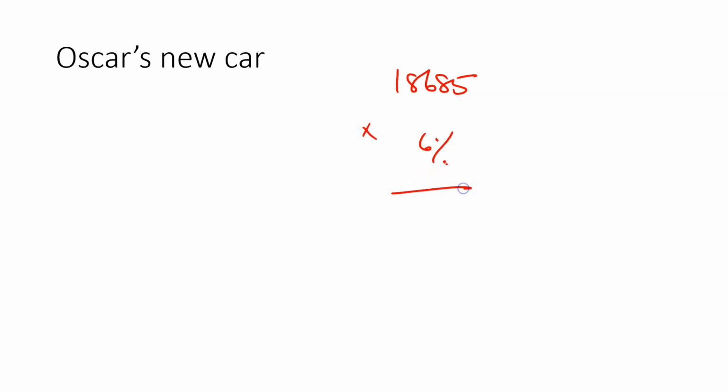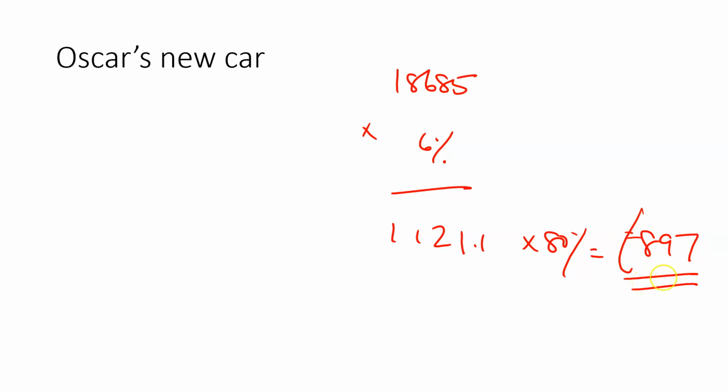So 0.06 times 18685 gives 1121.1. But again, because our friend here is using it privately, there's a private element to it, we will now only recognize 80% of that, and this will round up to 897.